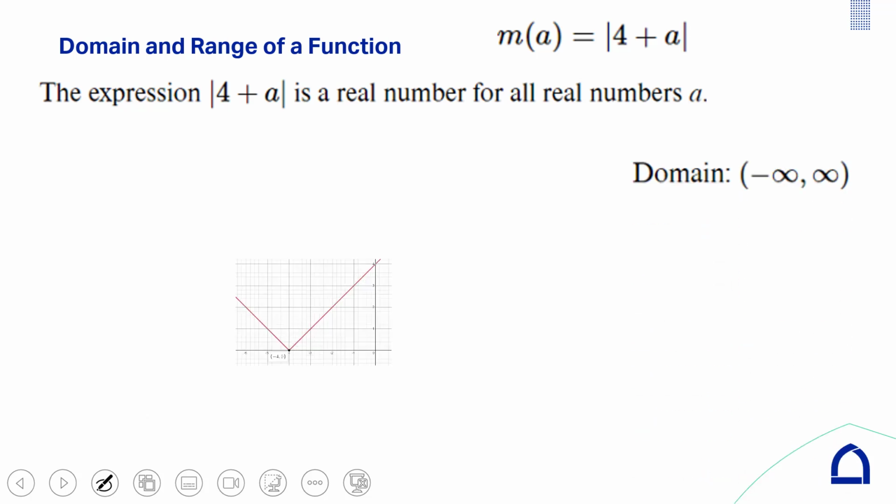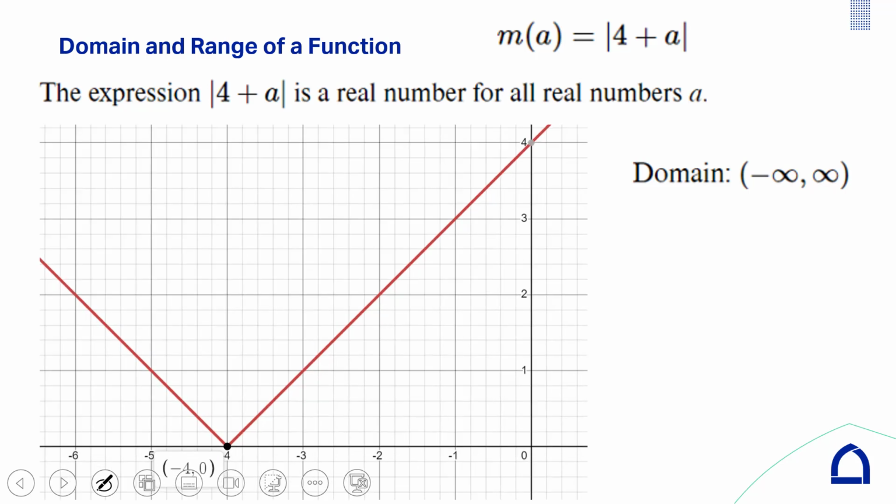We have no problem with that. So the domain will be minus infinity to positive infinity. But the range, as we said, the absolute value is always greater than or equal to 0. So the range will start from 0 included to infinity.